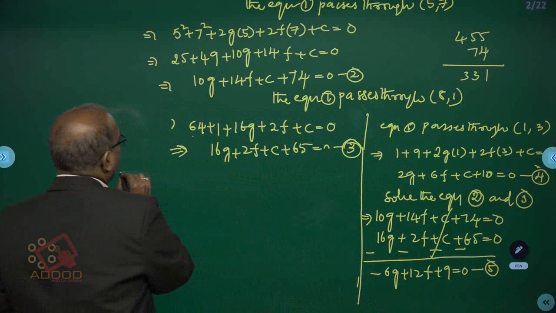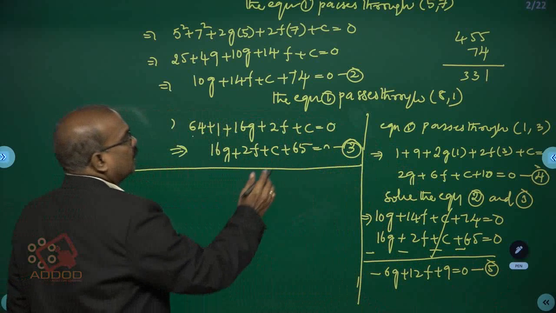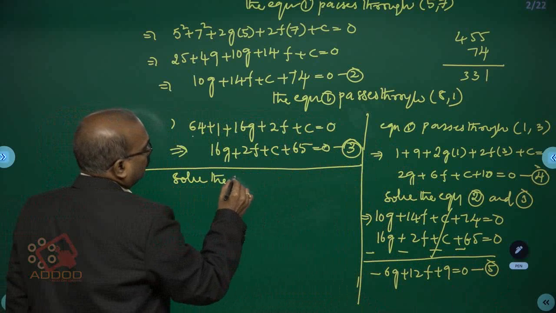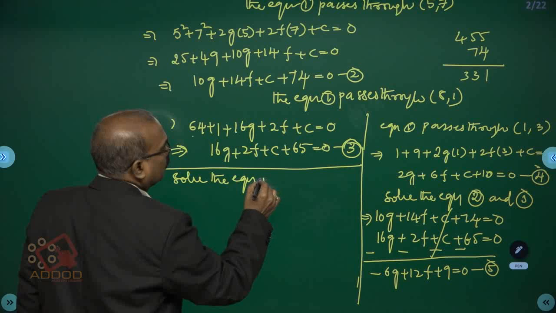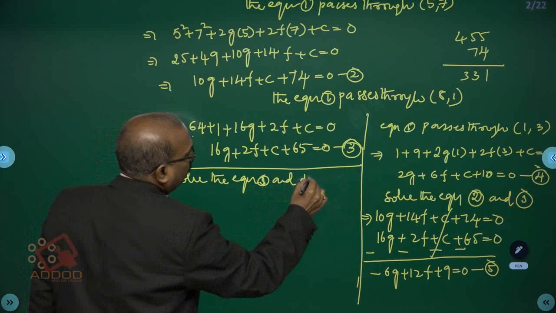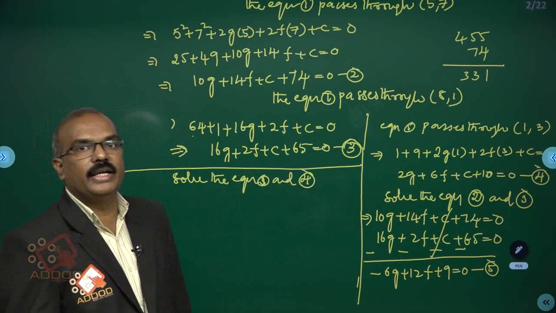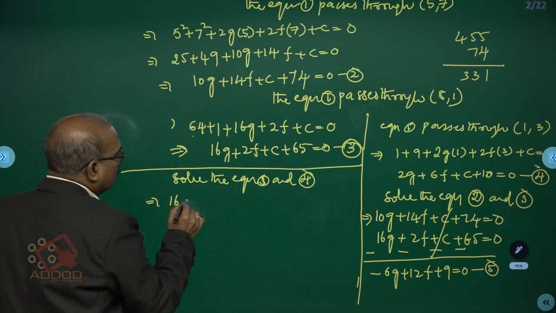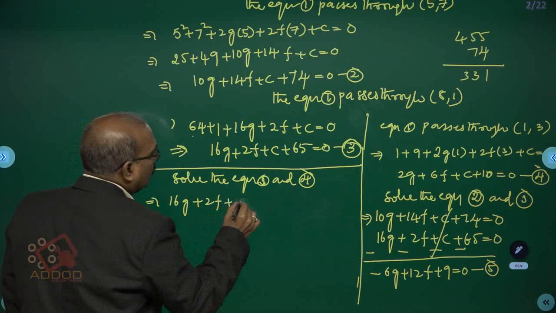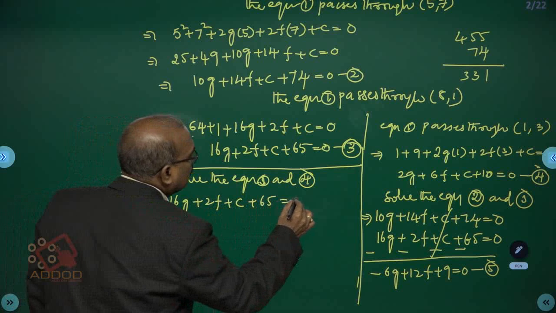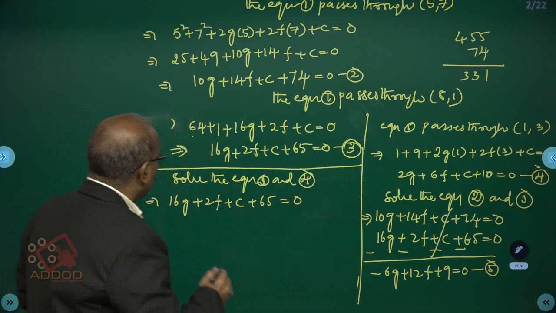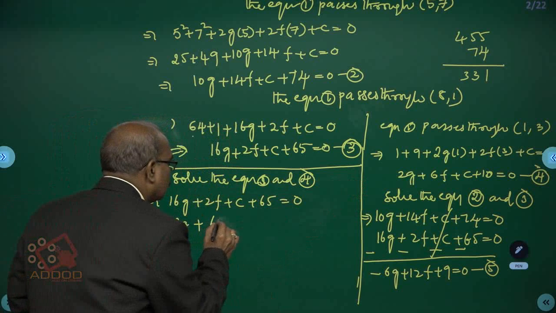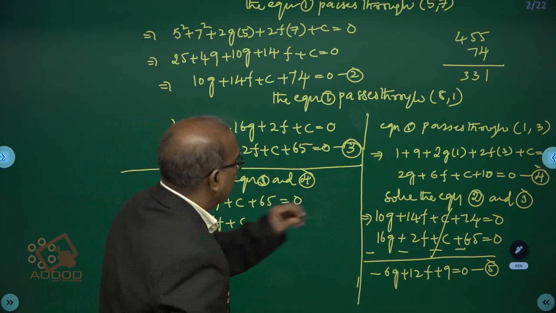Next, solve equation 3 and equation 4. Equation 3 is 16g plus 2f plus c plus 65 is equal to 0, and 4 is 2g plus 6f plus c plus 10 is equal to 0.